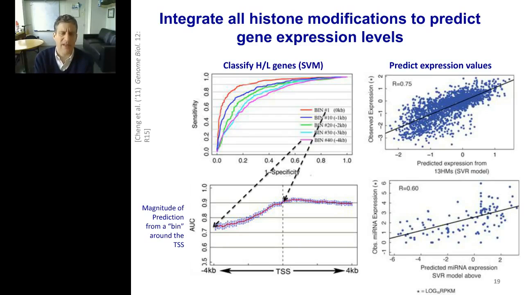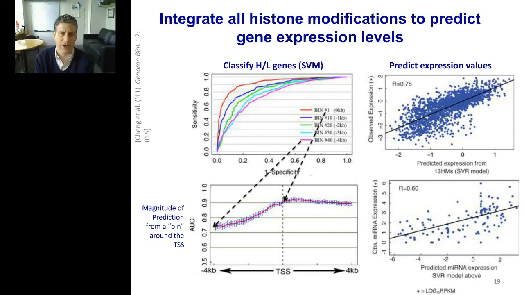And so we can plot on the bottom left-hand figure the overall score for each of the bins. And so we can see which of the bins in front of the TSS is most predictive. And as you might expect, the bins right around the TSS contribute most to the prediction, whereas those more distant contribute less.